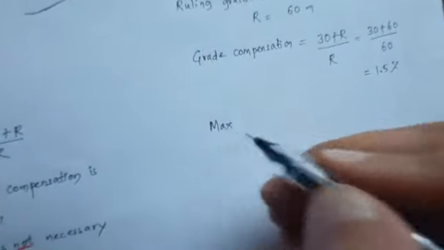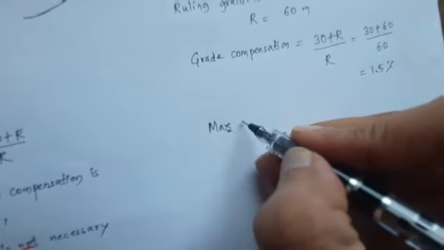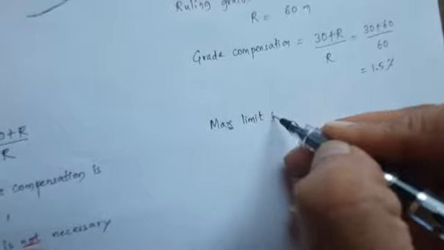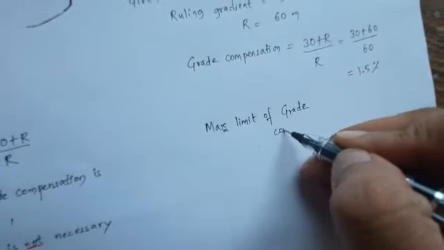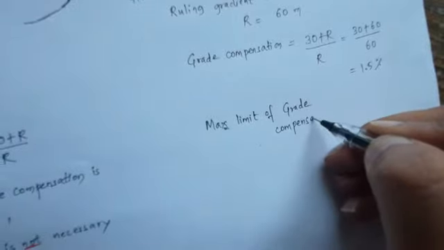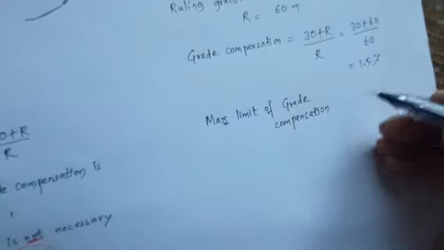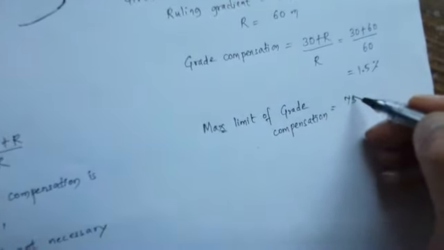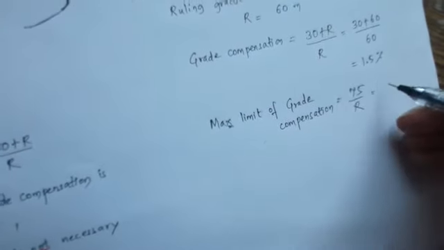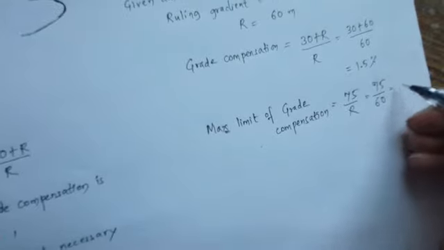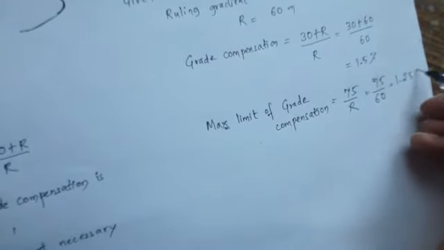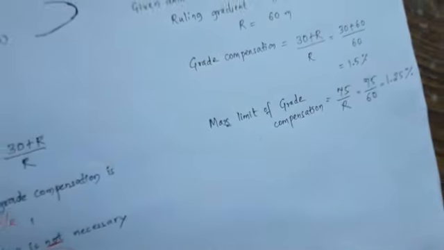Now let's check the maximum limit of grade compensation, which is given by 75 divided by R. So 75 divided by 60 gives you around 1.25%.